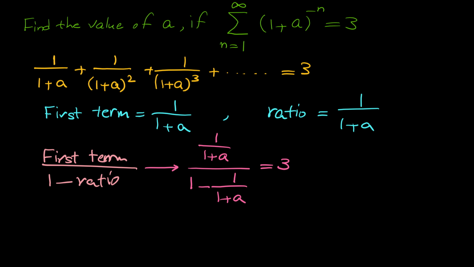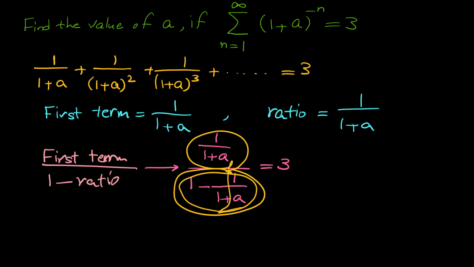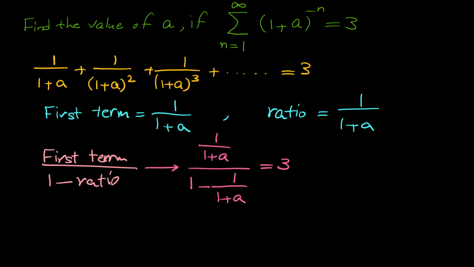Now we have to solve this equation for finding a. To solve this equation for a, you have different ways. One way is to do a common denominator here, then to divide numerator by denominator. But is there a better way to solve this equation? Yes.